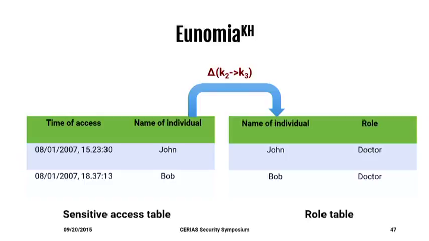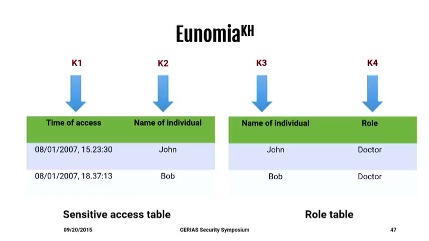So what you could do is, whenever two columns are going to be joined, you give the server the token, and then he can take a join. He can convert one ciphertext, say this K2 to K3. So let me point out again, the name of individual column in the sensitive access table is encrypted with K2, right? And the name of individual in the role table is encrypted with K3. These are going to be joined together or checked for equality.